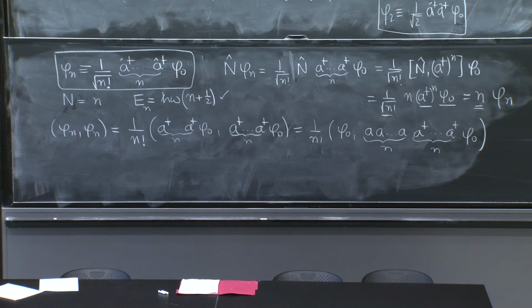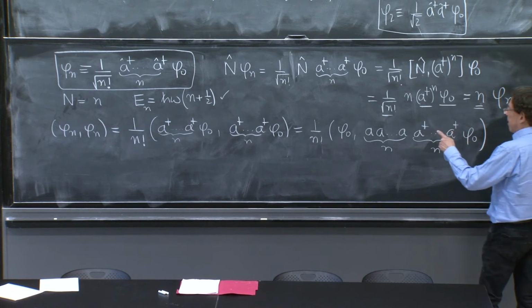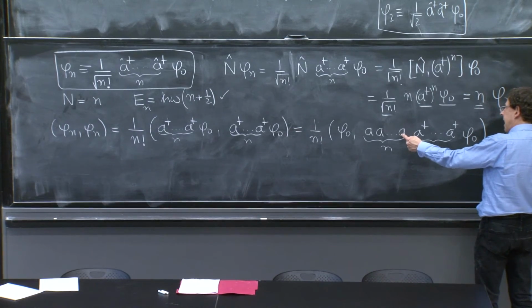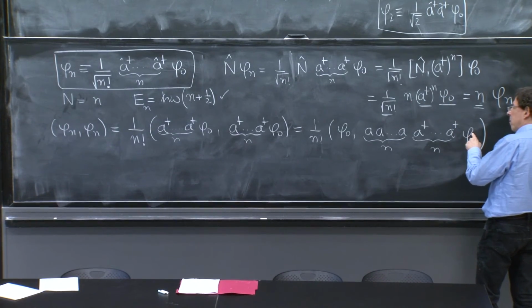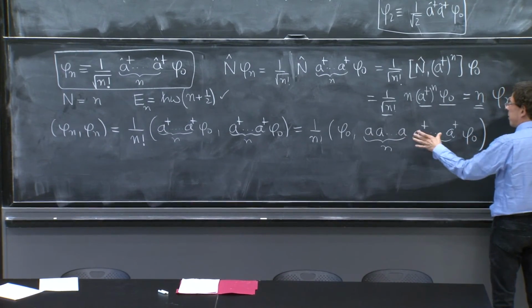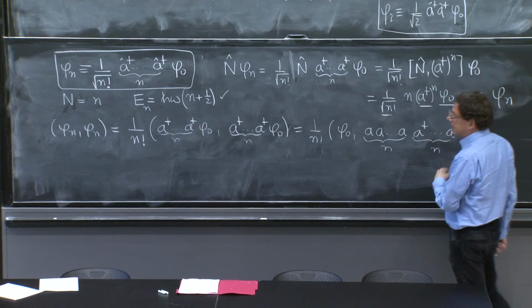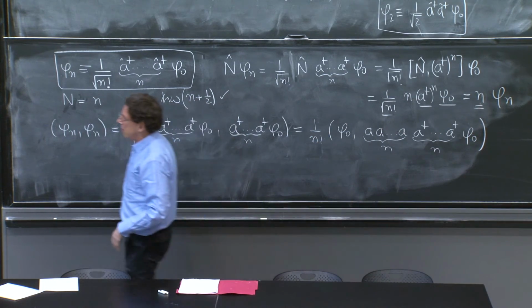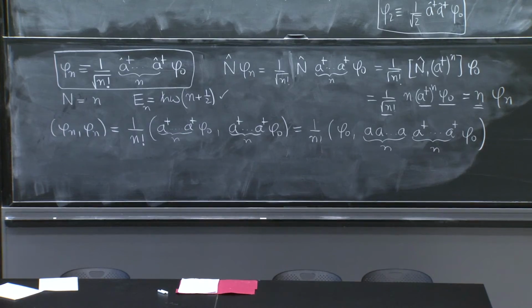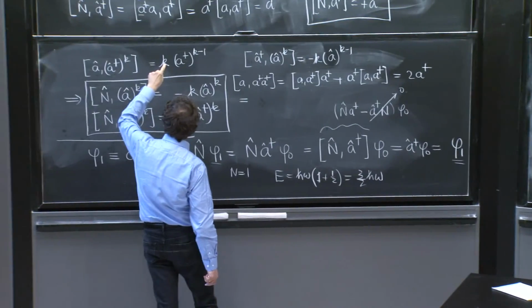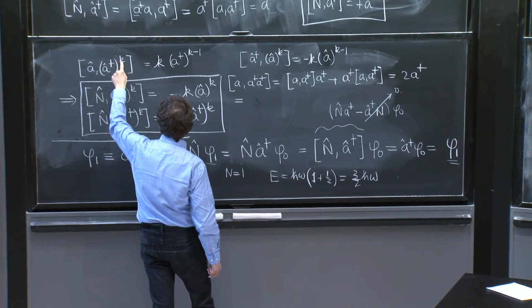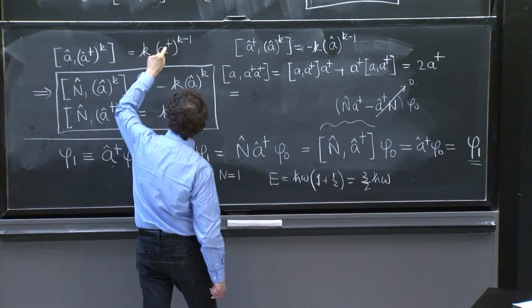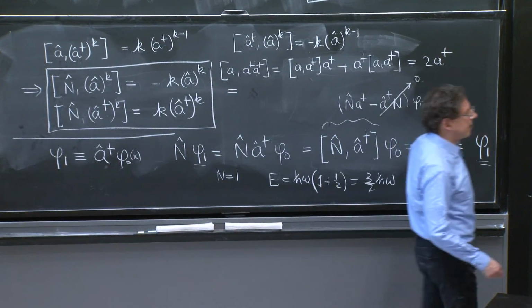So now comes this step, and I think you can see why it's working. Think of moving the first A all the way here. Well, you can replace the first A with a commutator. But that A with n A daggers would give you a factor of n times 1 A dagger less.